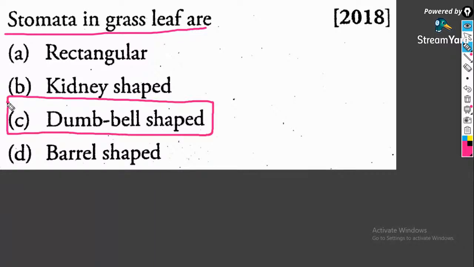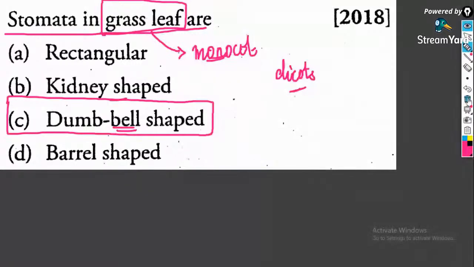If any monocot plant's name is given in the question, the answer will be dumbbell shaped guard cells or stomata. Then if any names of dicot plants are given, you have to write the answer to be kidney shaped. For that, you have to study all the examples in that chapter.